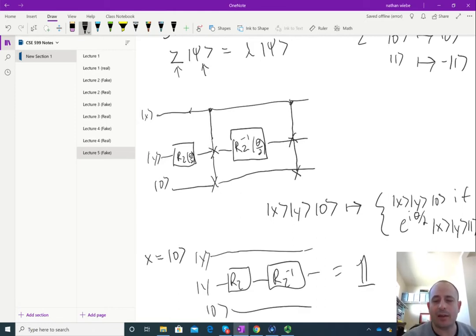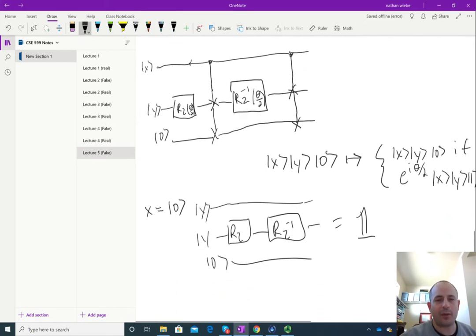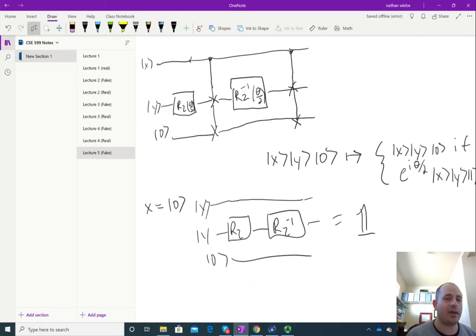That is the identity. So in the event that the top qubit is 0, these two gate operations cancel. And so, just as required, the gate will do absolutely nothing when this top quantum bit does not take the value 1. Now, let's assume that it does take the value 1.